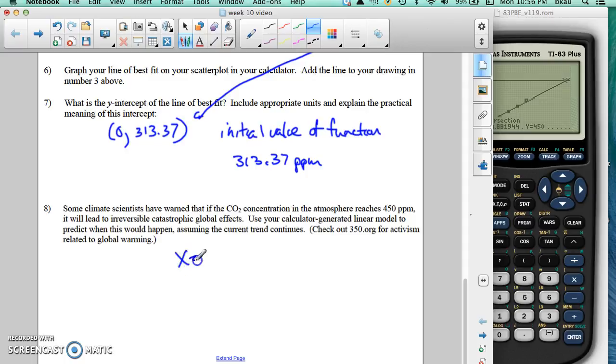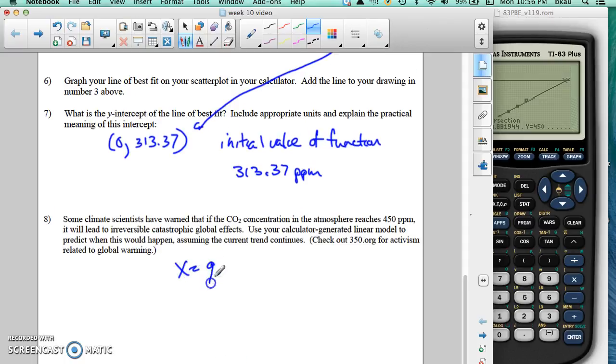X equals 94.88, which is how many years? This is years after 1960.